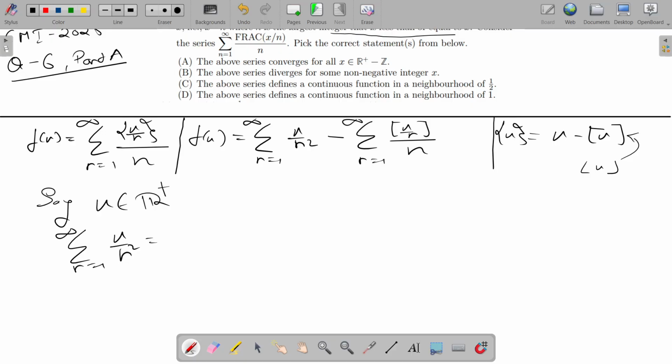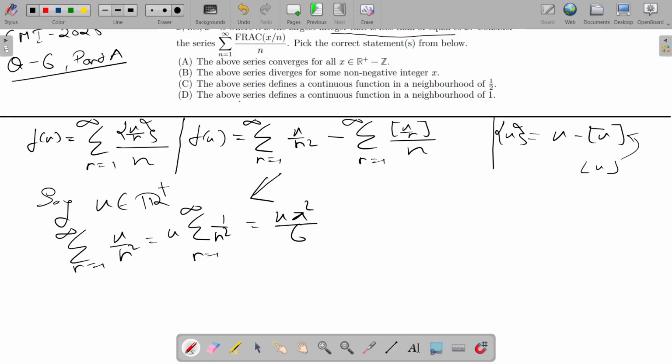It's a p series where p is greater than 1, so this is convergent. This will be x times summation n equals 1 to infinity 1 by n square, and this we know as pi square by 6. So x times pi square by 6. So this is this part.